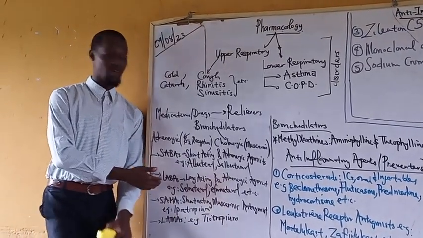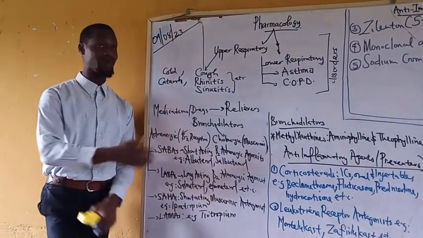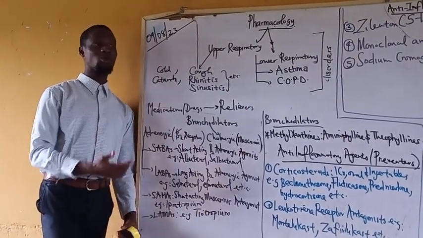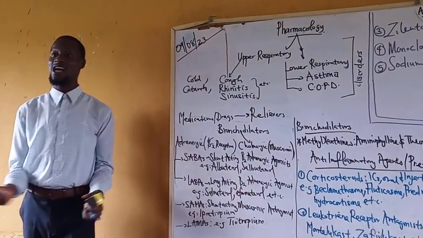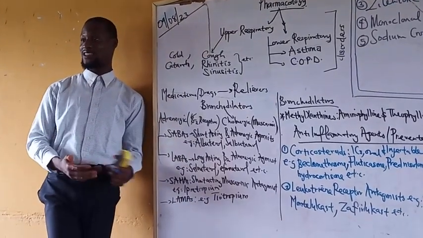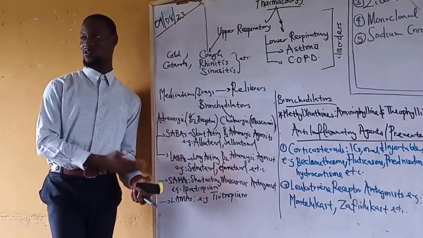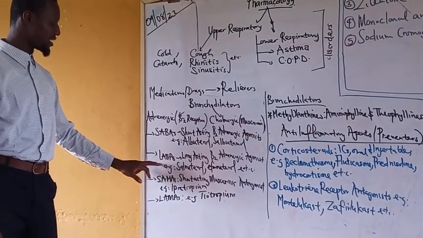So these are the long-actings. An example is salmeterol or formoterol. So you will not want to give this drug in an asthma attack where you need a quick response of between 5 and 10 minutes, but they are also used in the management of asthma. So we have the SABAs and the LABAs here.